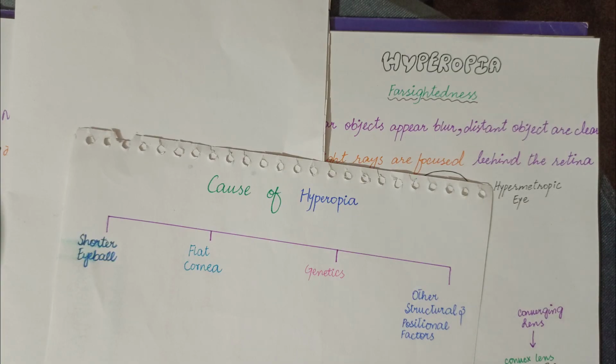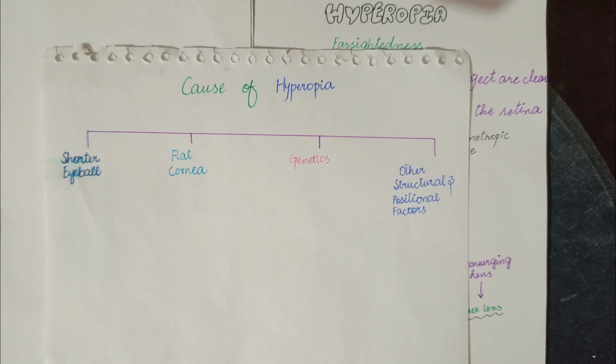If both of the parents have hyperopia, the chances increase that the child might get hyperopia. Other structural factors include that if the refractive index of the cornea decreases, it can lead to hyperopia. If we compare it with myopia, in myopia the refractive index mostly increases, but in hyperopia, the refractive index of the cornea and the lens decreases, which can lead to hyperopia.